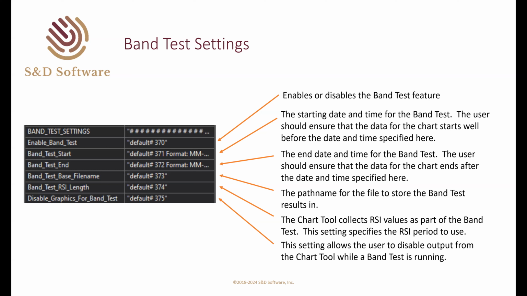Now, by default, the band test is going to generate a summary of the results, and the summary is what we saw in the prior slide. To control where that summary is placed, you have the band test base file name.